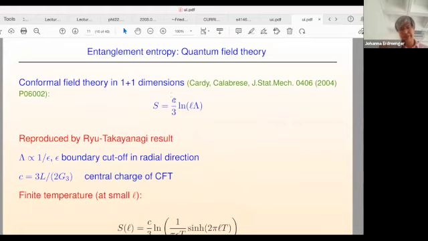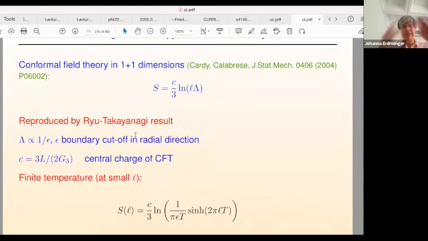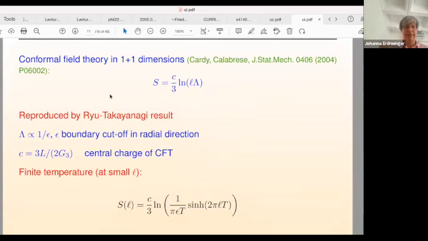Here c is the central charge of this conformal field theory, L is the length of the entangling region, and lambda is a cutoff. Precisely this equation is reproduced by this minimal area, which in these low dimensions just amounts to the length of a geodesic. In these very low dimensions, you just have to calculate the length of a geodesic instead of a higher dimensional area.